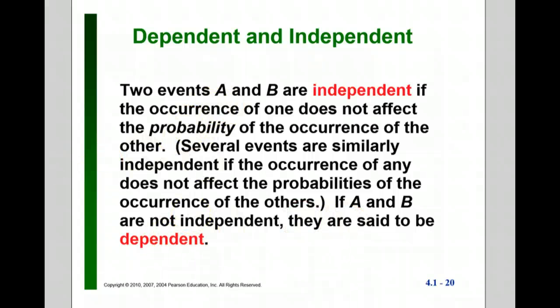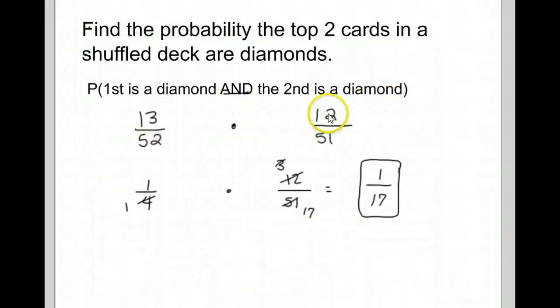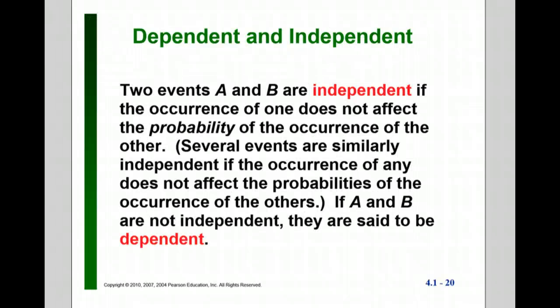So what we were doing up here is dependent, because if I had not drawn a diamond, there'd still be 13 here, and we'd be saying 13 out of 51. But because I did draw a diamond, it's 12 out of 51. So the probability the second card is a diamond depends on what happens with the first card. That's dependency and independency.